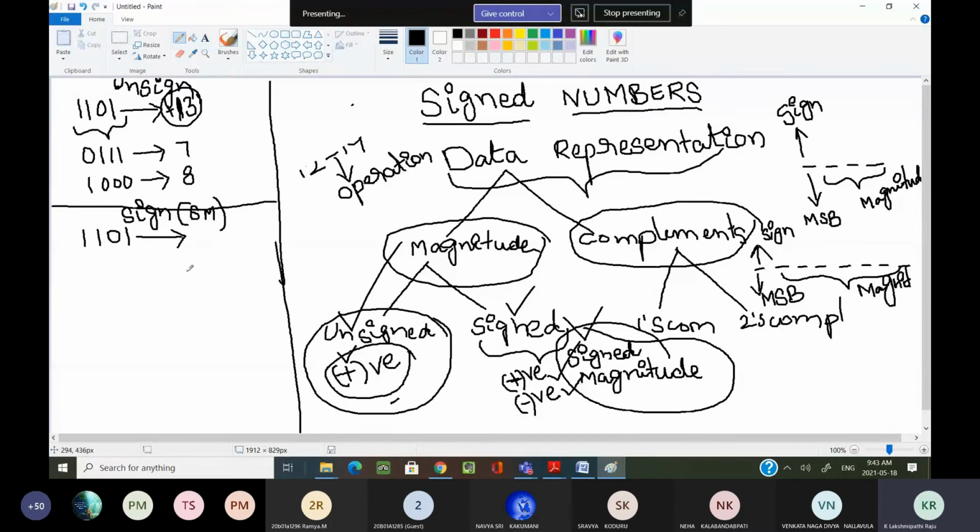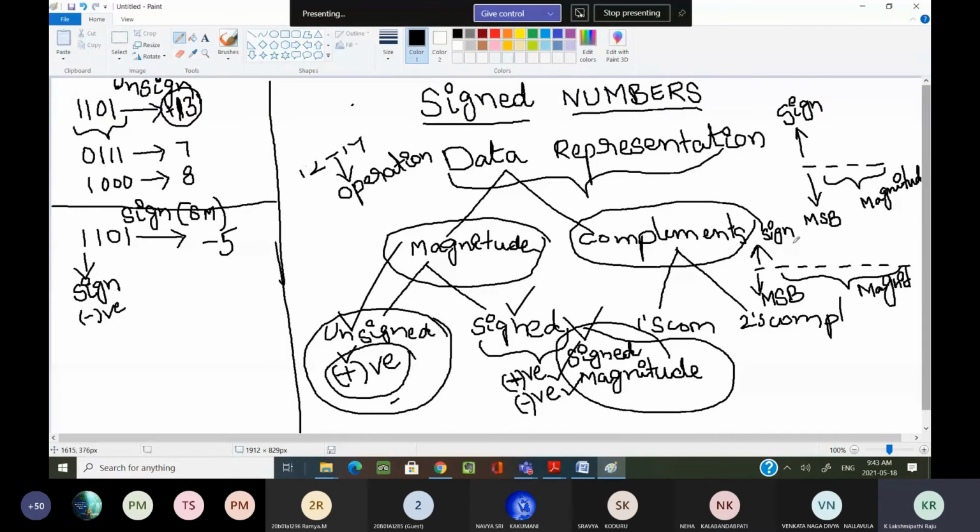In sign magnitude representation, the most significant bit is the sign. If you see a 1 in the most significant bit position, this is a negative number, this is -5. Why is it -5? 1 indicates a negative number.